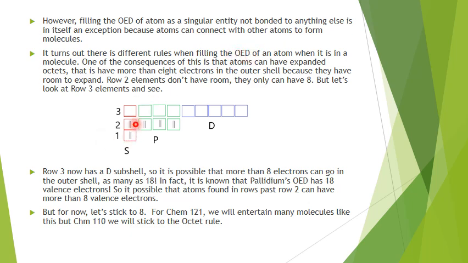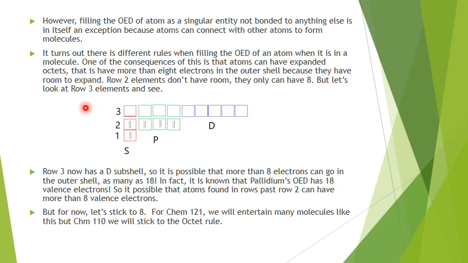And what can happen, so let's take a look at an element. For row 2, as far as you can go is you can only put 8 electrons in the outer shell. But let's say in row 3, you could put 1, 2, 3, 4, 5, 6, 7, 8, usually, okay? But if something somehow causes the outside energy to expand, it can expand because it's got a d subshell.